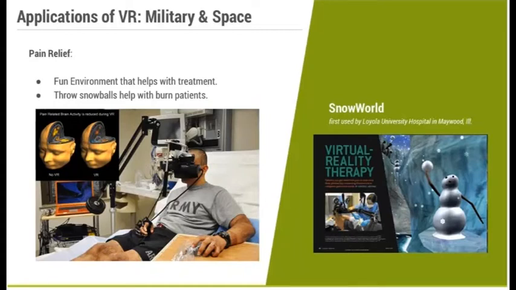Since they suffer from burn injuries, they try to look for the opposite. In this case, it's just a visualization, and the user has a mouse where you can click around and just throw balls. But again, having that immersion from the visual perspective is helping the brain to support the pain, which is really important.